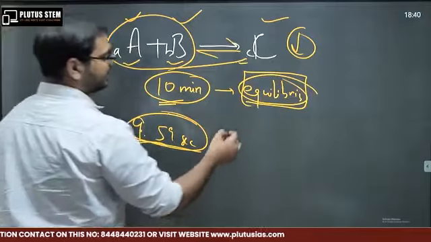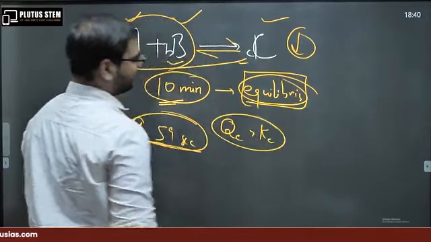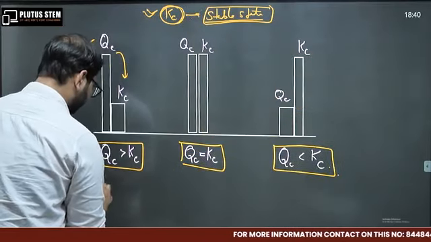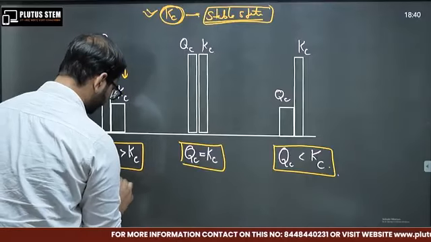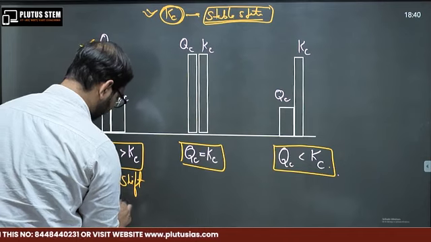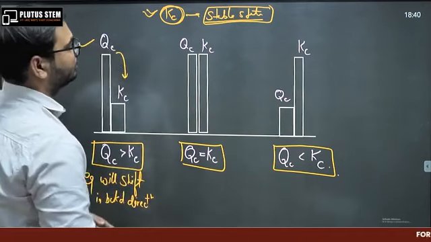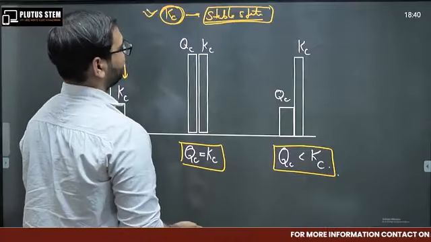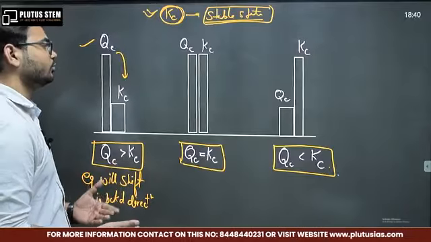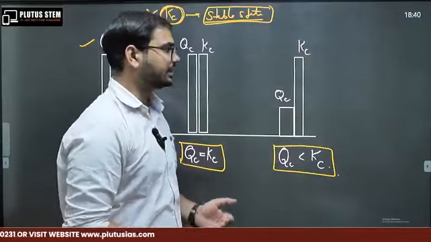So that means if Qc has a higher value than Kc, then using this notion I can predict that my equilibrium will shift in backward direction. Now, the point where Qc becomes equal to Kc means the reaction is at equilibrium, because there is no specified direction in which I want to move, since the concentrations are equal and the system is already in its optimal state.